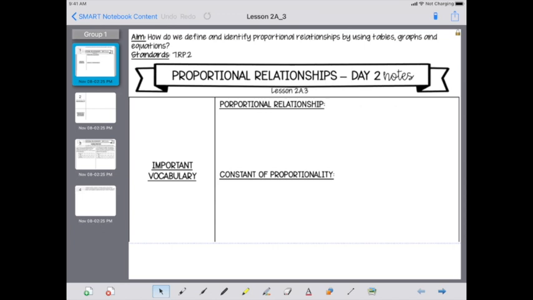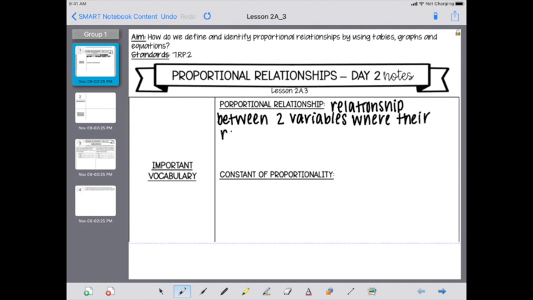So a proportional relationship is a relationship between two variables where their ratios are equivalent.